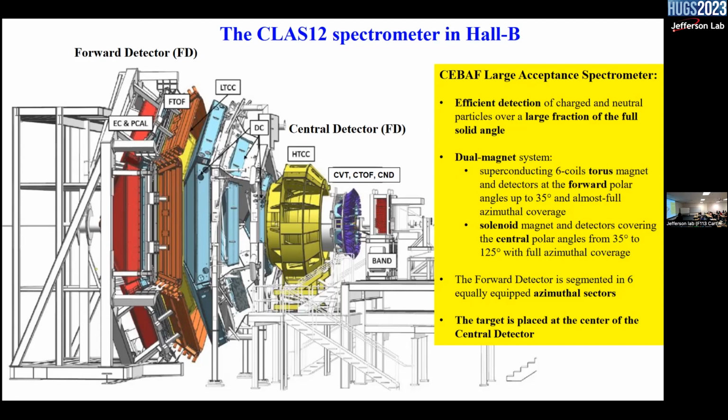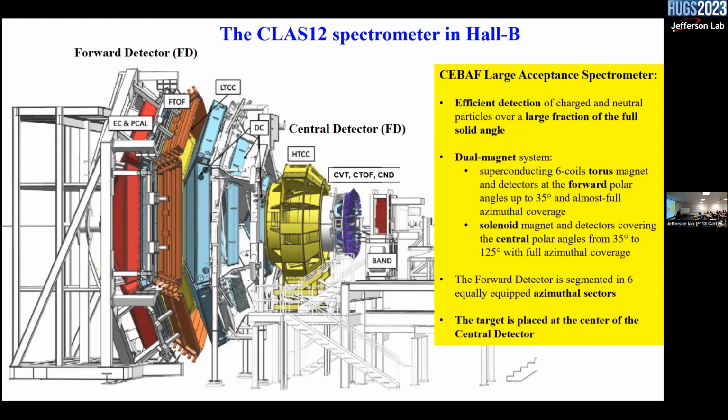In the case of CLAS12, there are two magnets. There is a solenoid magnet here, inside of which several detectors are housed, and this is for the central detector part. Then there is a toroidal magnetic field for the forward detector, which has six coils, and the six coils define the six azimuthal sectors of the detector, and each sector is equipped with different series of sub-detectors.